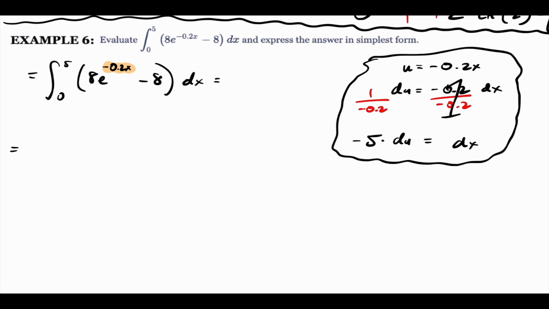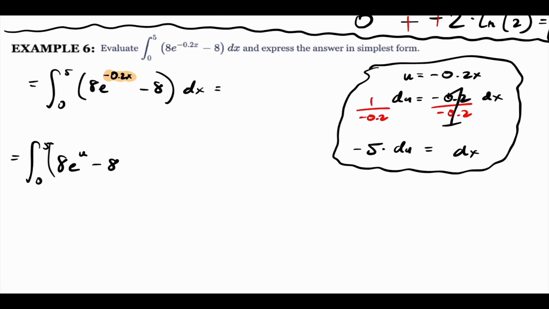Okay, so the integral from 0 to 5 of 8e, that's going to be u, minus 8, times negative 5 du, because I plug in dx, and that was negative 5 du.